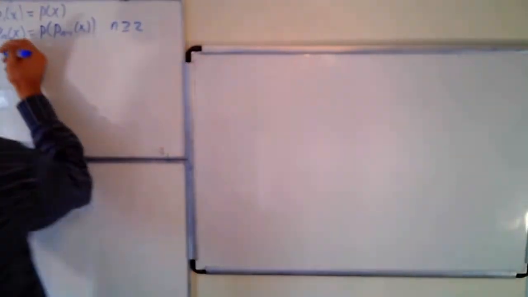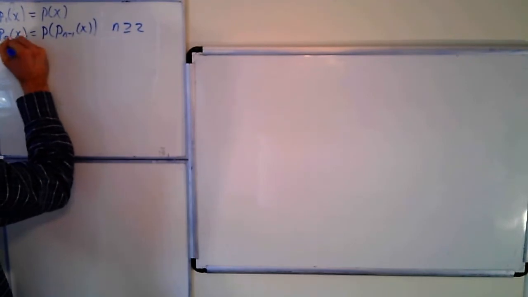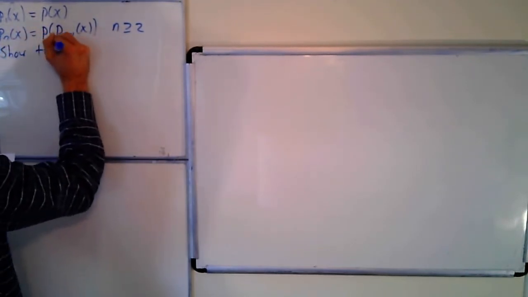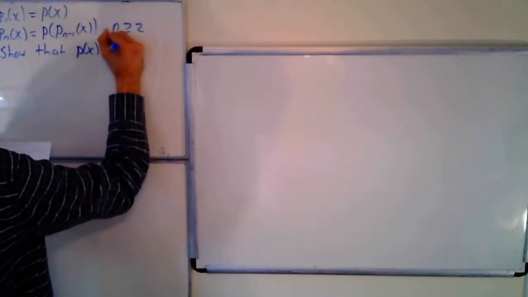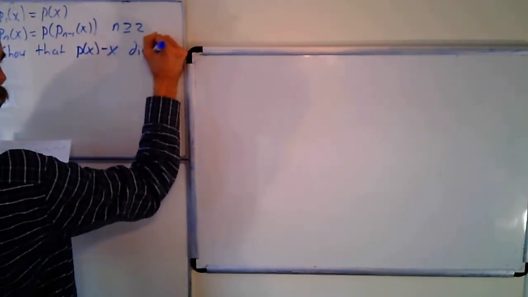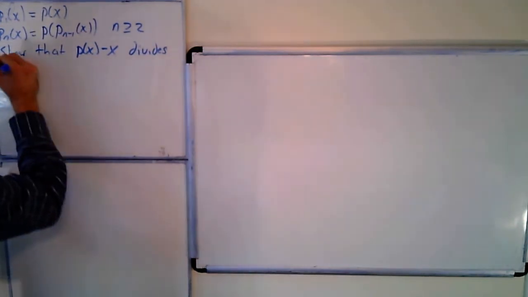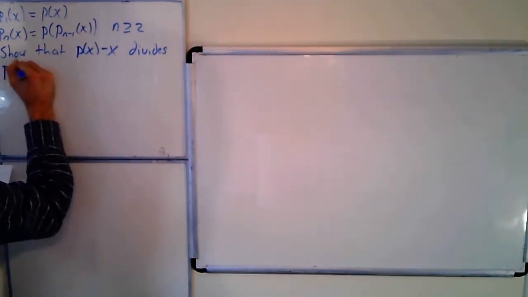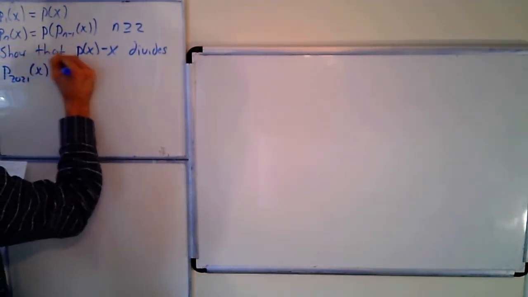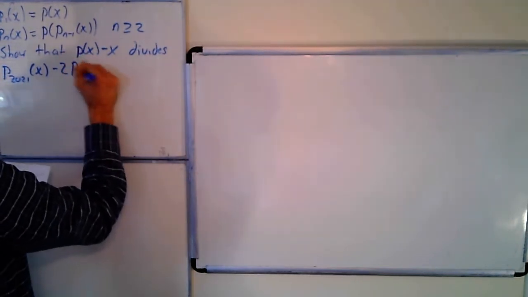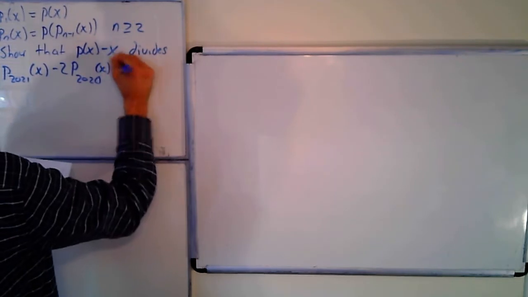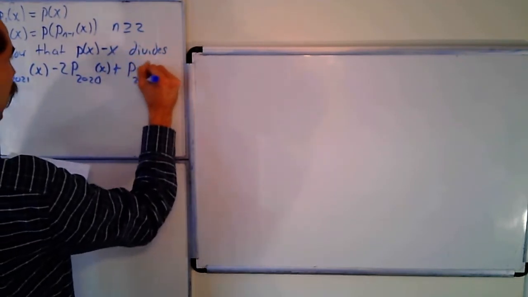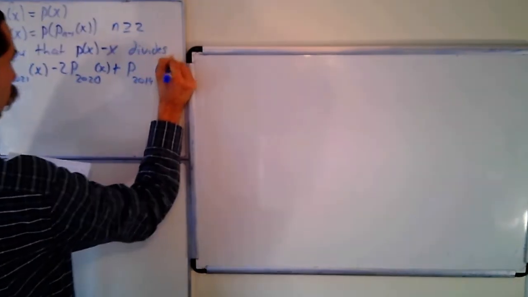We want to show that our initial polynomial minus x divides the polynomial p of 2021 of x minus 2 p of 2020 of x plus p of 2019 of x.